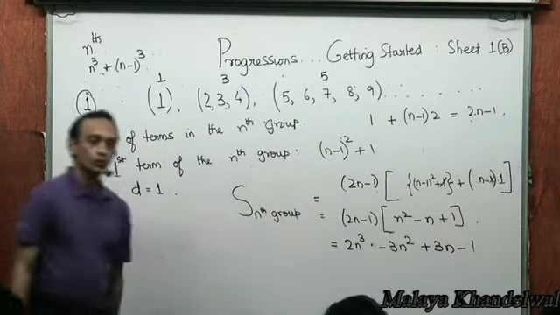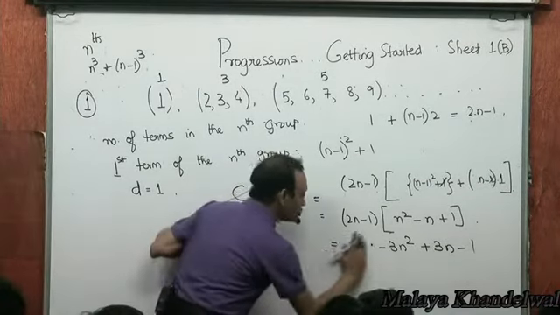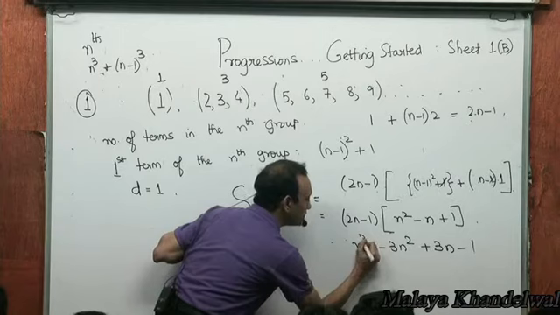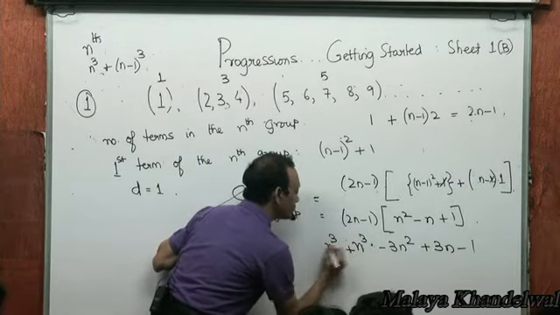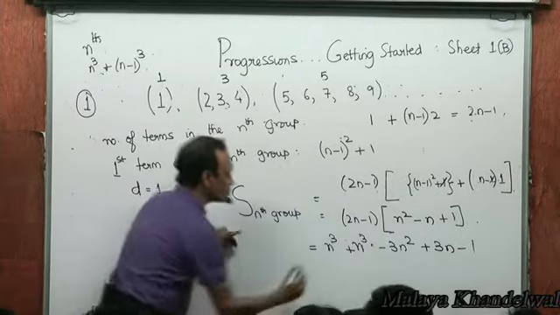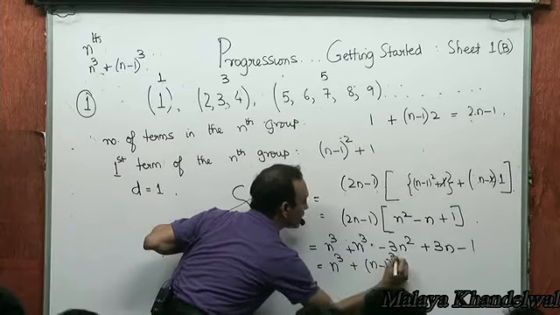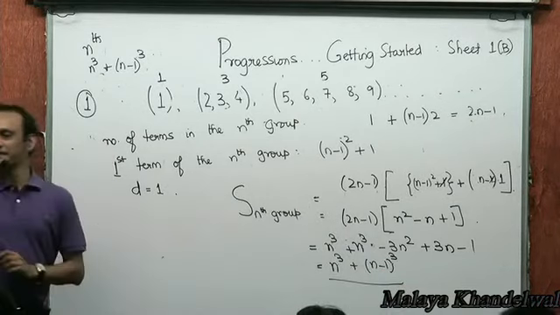Yes or no? Now this 2n cubed I can write as n cubed plus n cubed, and this is (n minus 1) whole cubed. So this is n cubed plus (n minus 1) whole cubed as was required. Does it make sense to all of you?